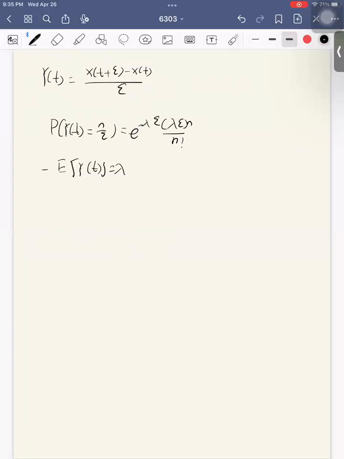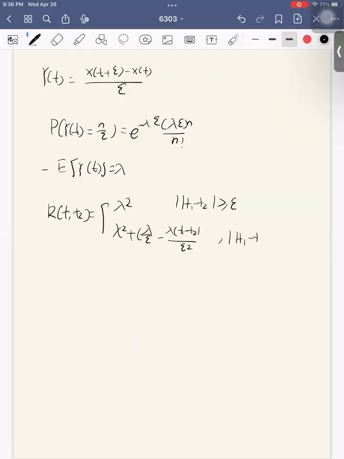And the autocorrelation R(t1, t2) is equal to two parts. The first part is when the absolute value of t1 minus t2 is greater than epsilon, and the second part looks like this, with t1 minus t2 divided by epsilon squared.